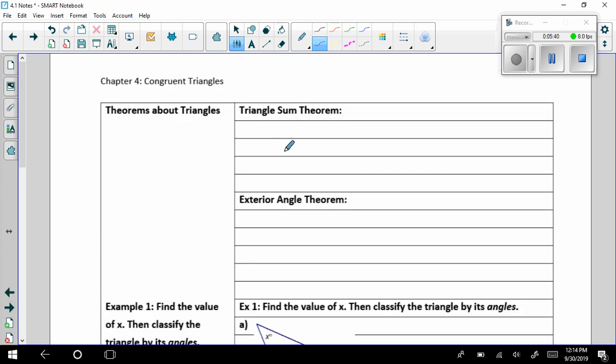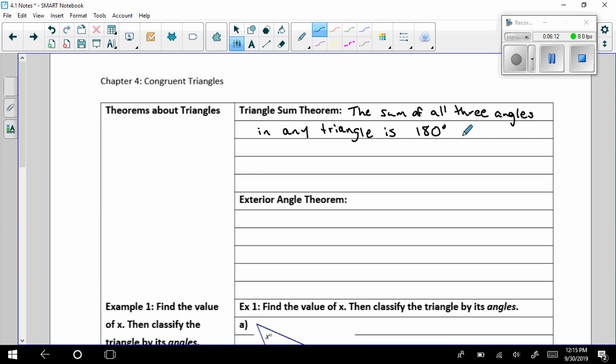All right, triangle sum theorem. Something that I've already mentioned several times, and some of you have already started using with some of the figures we had in last unit. The sum of all 3 angles in any triangle is 180 degrees.